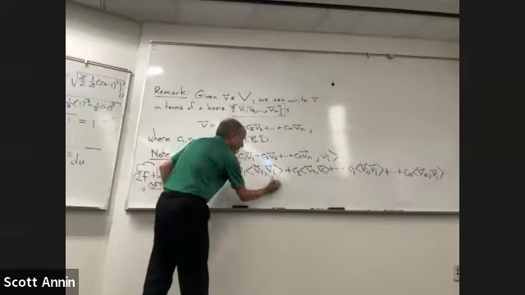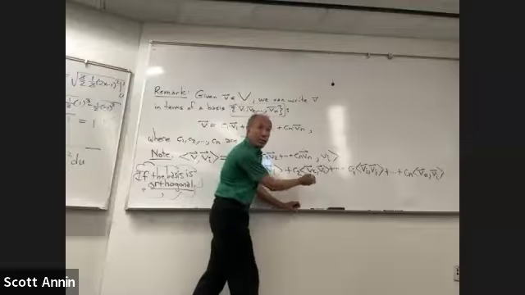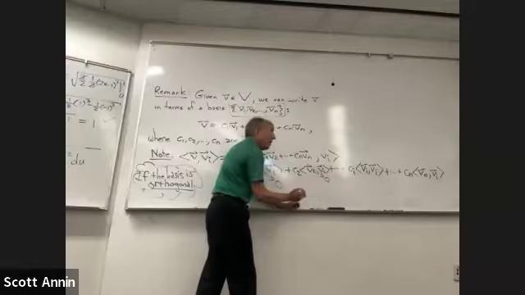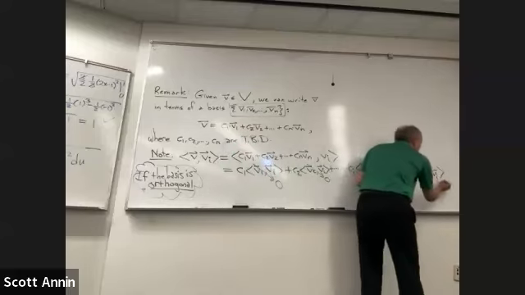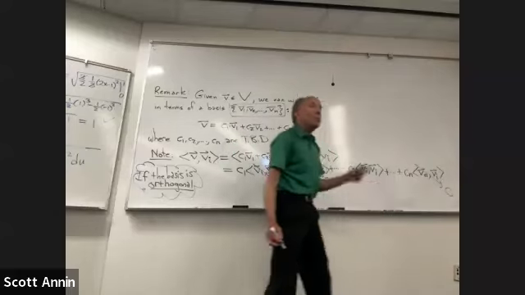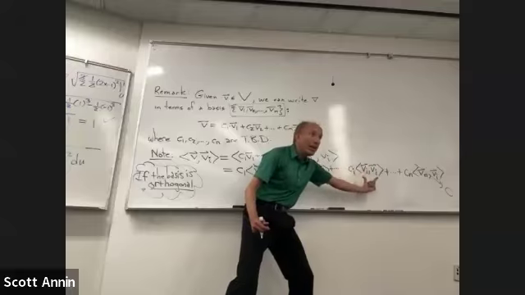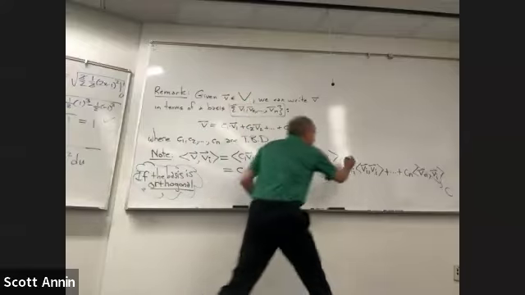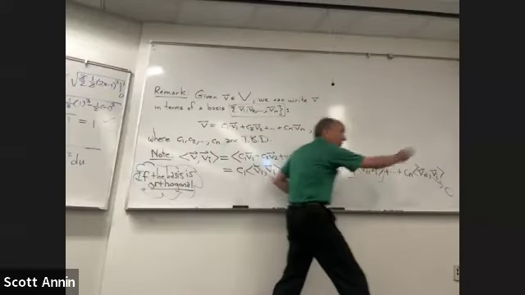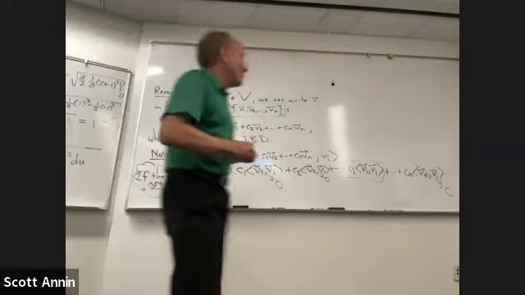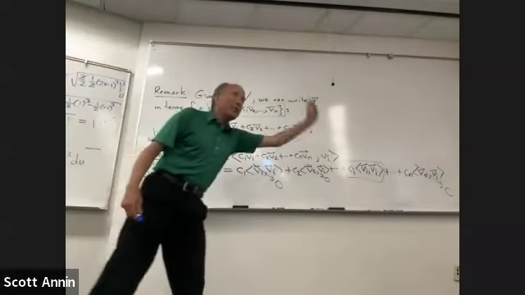This would be 0. And the inner product of V2 with VI? Also 0, right? Pretty much all of these terms come out to be 0, except for this I term right here, which is the only one that survives this orthogonality term that kills off all those other terms.